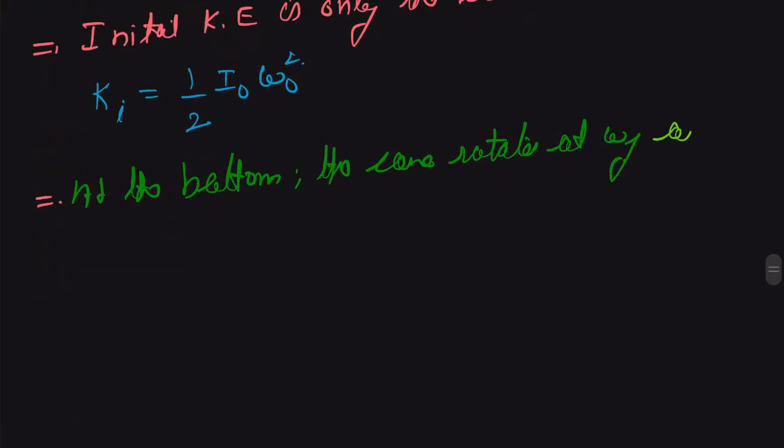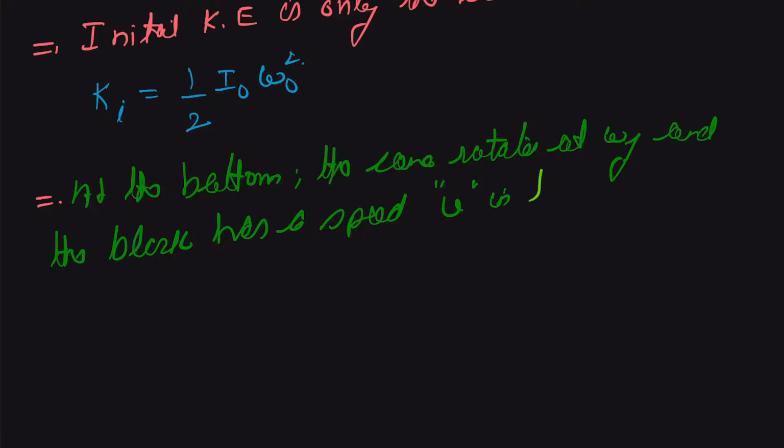And the block has a speed v, specifically in the inertial frame. In the inertial frame, mind it, the block's potential energy will be equal to 0.